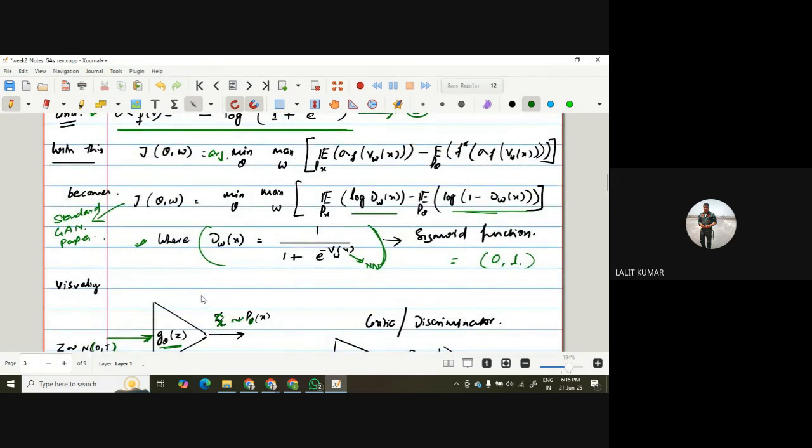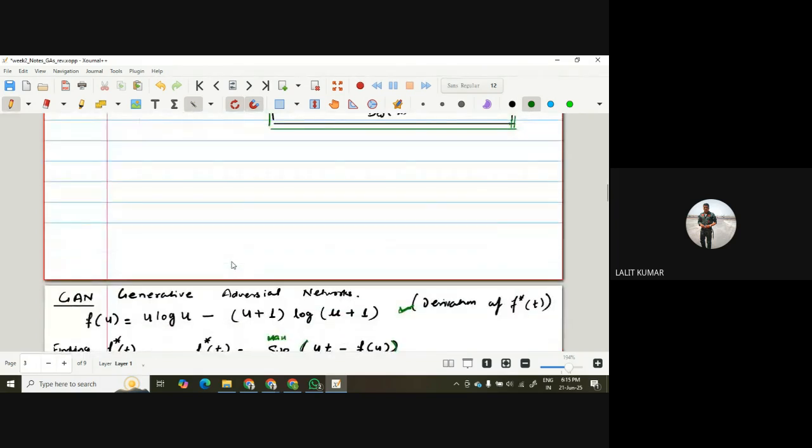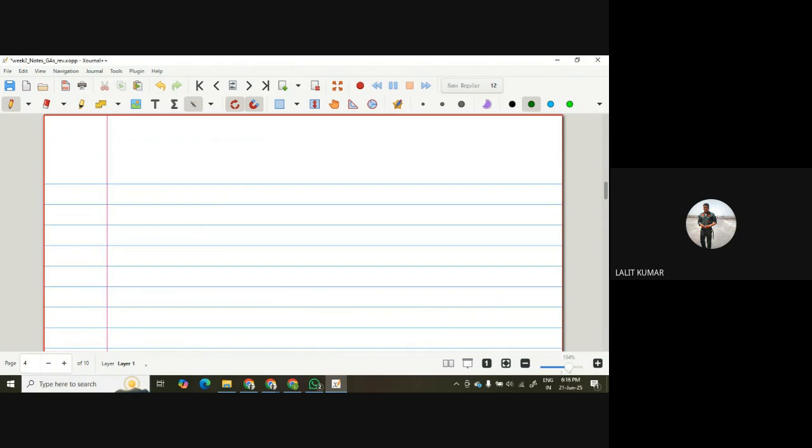So we know that we have to minimize also and we have to maximize also. So for training this, I will just take here. Now the visual diagram has become like this. This is a generator. It takes values z belonging to normal 0 and I. This is g theta of z.